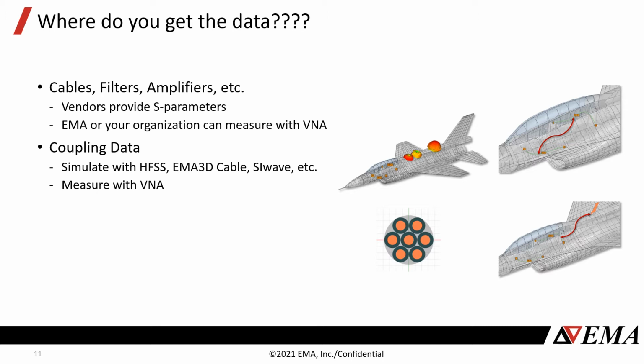The good news is there are some really powerful simulation tools, such as HFSS, EMA3D Cable, and SIwave, that are well suited for handling these complex problems and producing highly accurate S parameters we can use in our system-level modeling. And if you can't simulate them, or you have ready access to an anechoic chamber, you can certainly measure those coupling parameters with a VNA.